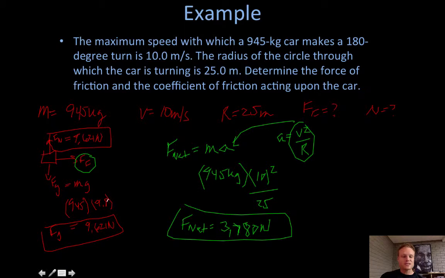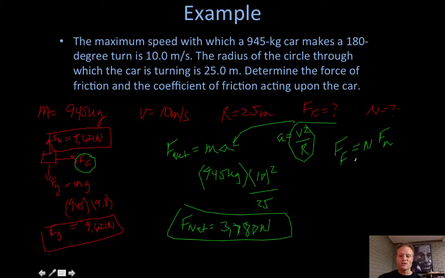Now that net force is actually the frictional force. That is the force of friction that's allowing this car to make this turn. So that's one thing I'm looking for: the force of friction is 3,780 newtons. Now, what is the coefficient of friction? If you remember, the formula for friction is force of friction equals mu times the normal force, F sub n.